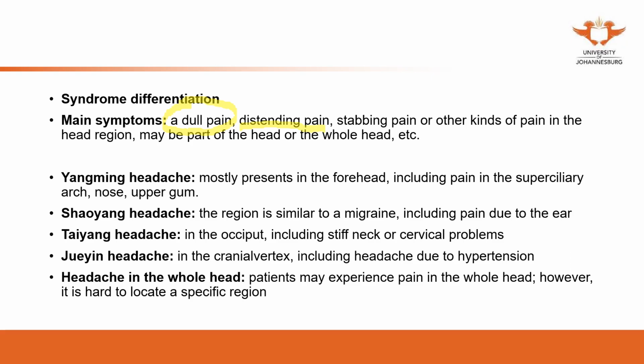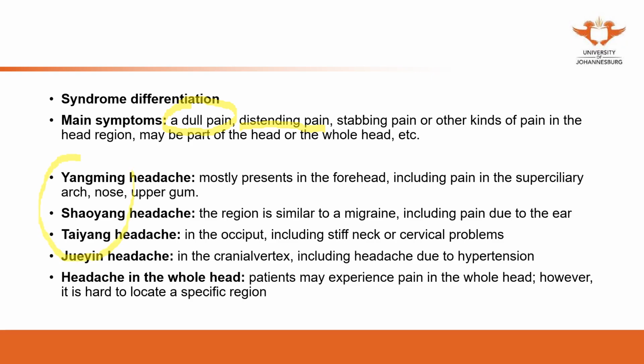Apart from the eight principles, the differentiation on qi and blood, exterior or interior, or qi, blood, fluid differentiation, we also need to differentiate from the meridians, such as Yangming headache, Shaoyang headache, Taiyang headache, Jueyin headache, and headache in the entire head.